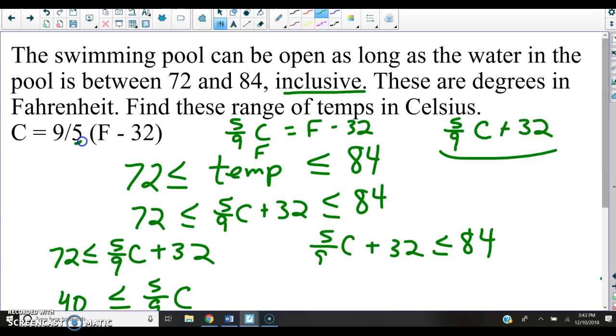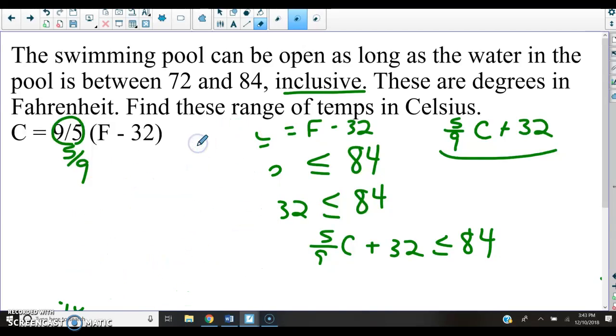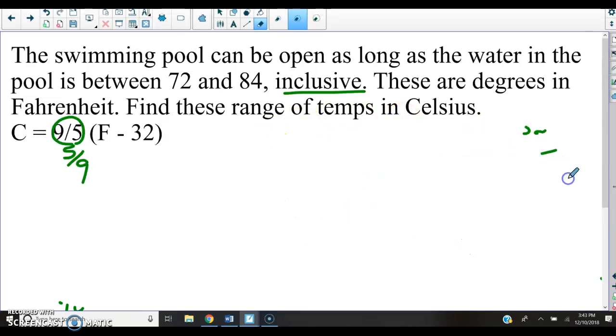The problem is this should have been 5/9, not 9/5. And that's going to affect everything else. So let me erase this. And this. Okay, we're going to try this again.